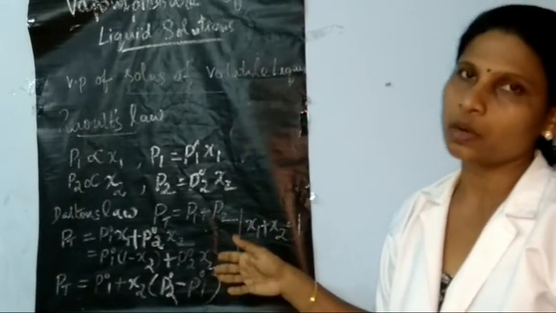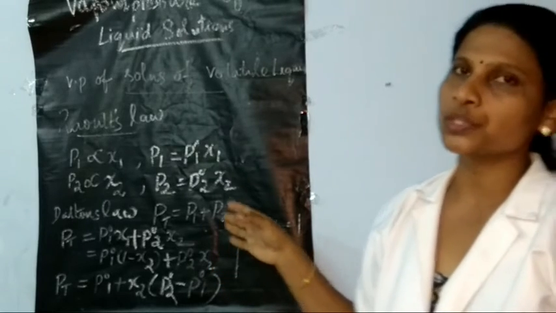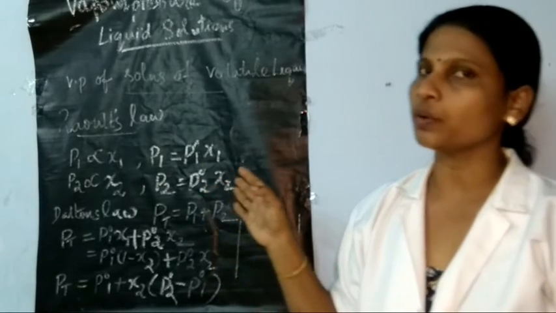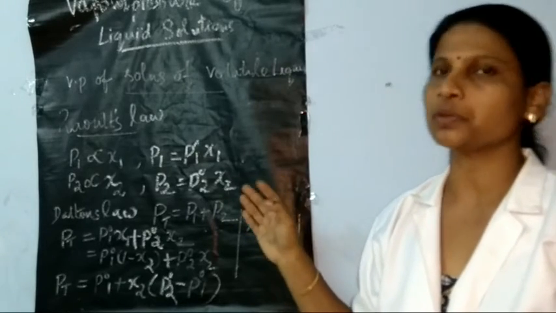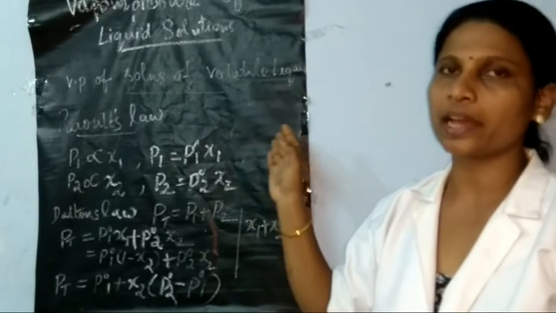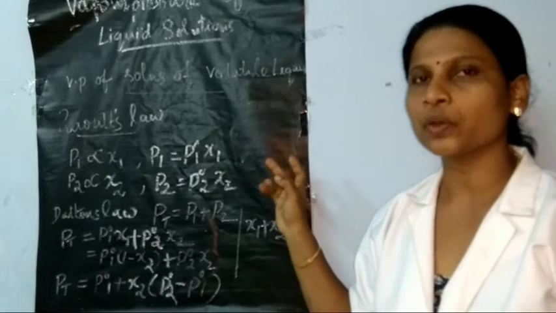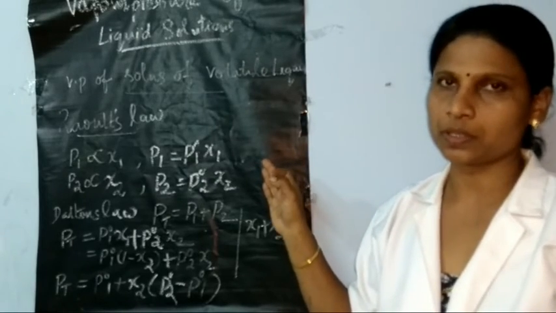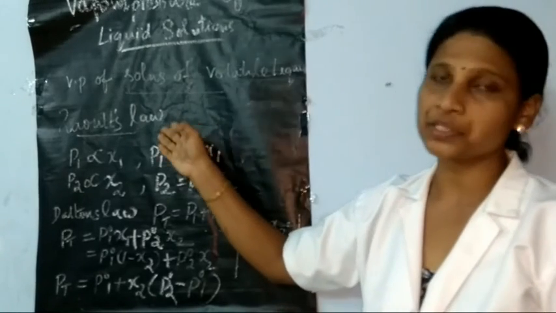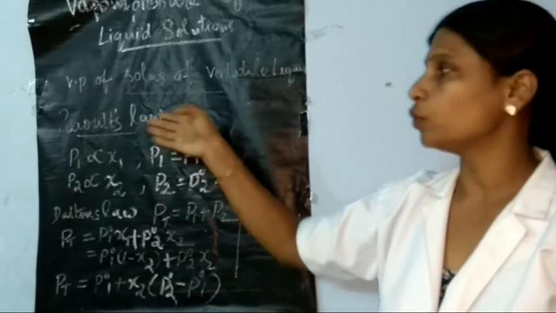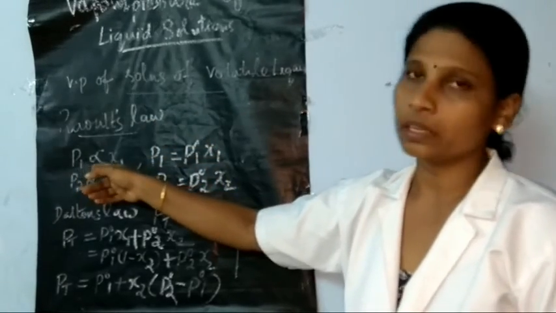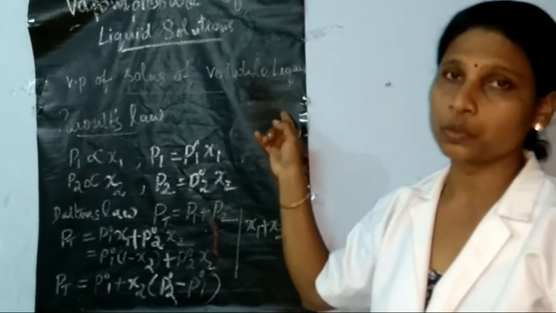That's about Raoult's law. The solutions which obey this law are known as ideal solutions, and most solutions do not obey this law; those solutions are known as non-ideal solutions. Raoult was the first scientist who gave an explanation in the case of liquid-liquid solutions.